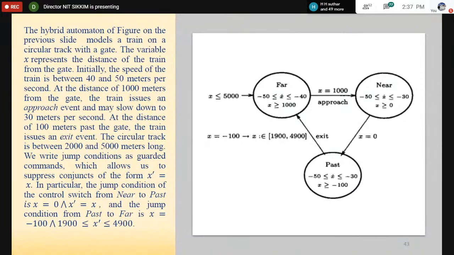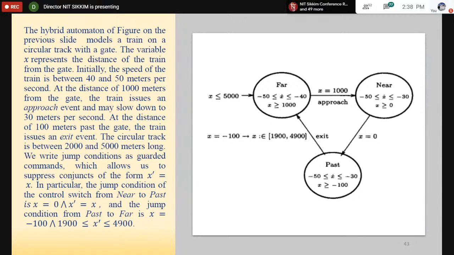In particular, the jump condition of the control switch from near to past is being specified like this. So you have 3 states defined over here. The initial state is far. When your train is far, whenever its distance is 1000 or less than 1000, it issues a command to approach, and then it enters into the state near, where the speed is also reduced by the controller.